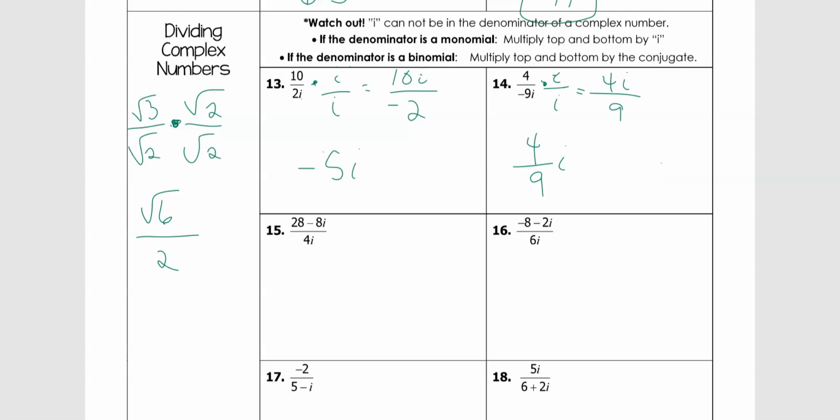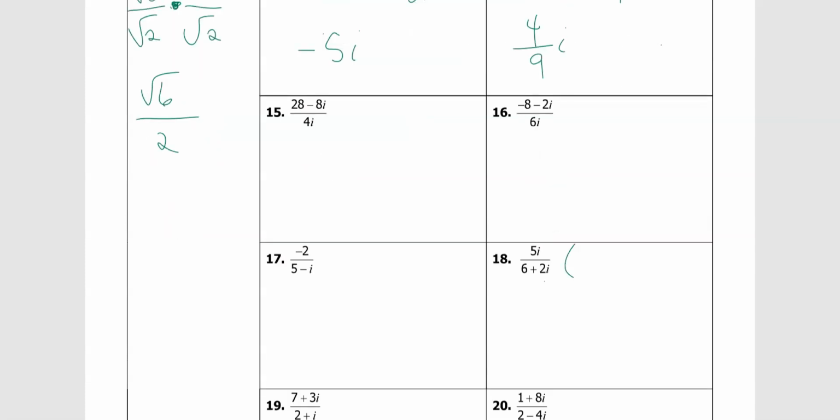All right, and then I'm going to skip down to number 18. It said if we have a binomial, then we multiply by the conjugate over the conjugate. So 6 minus 2i over 6 minus 2i. And again, we're going to have 6 times 6, just 36. 2i times negative 2i is negative 4i squared, times negative 1 is 4.